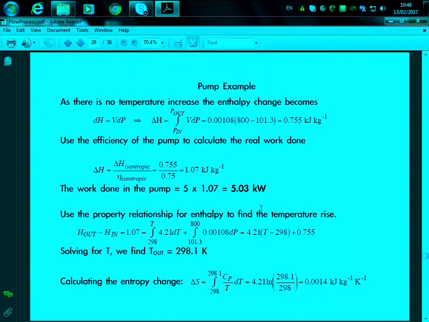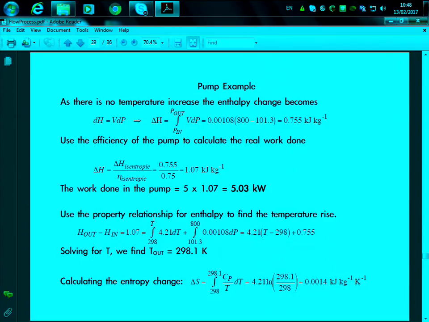And then for this, what we do is that we have now this work done by the pump. So now we go backwards and we calculate the real enthalpy, okay? So we take the work over the mass, which will give me the delta H real. Right? Is that clear, or do you want me to write it down?